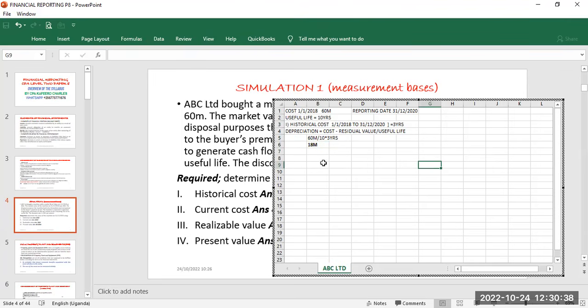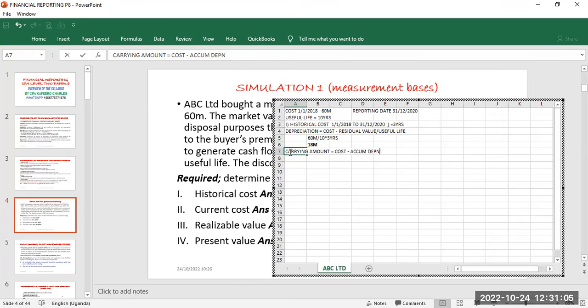But remember, for this whole 3 years, what we are looking for is the carrying amount. What is going to be its carrying amount? The carrying amount is got by getting the cost minus the accumulated depreciation.